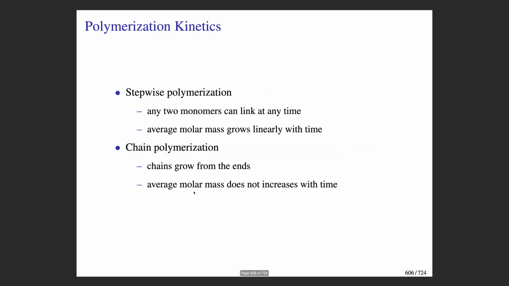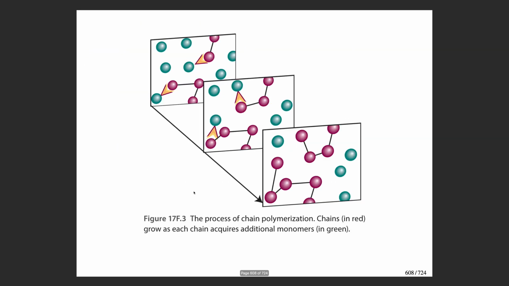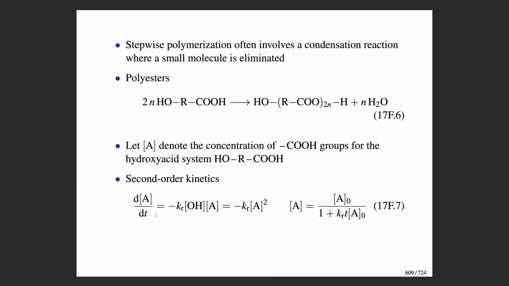And so for this reaction, the rate at which the concentration of the carboxylic acid changes will be minus, because it's decreasing, a rate constant times the concentration of the OH groups times the concentration of the acid groups.